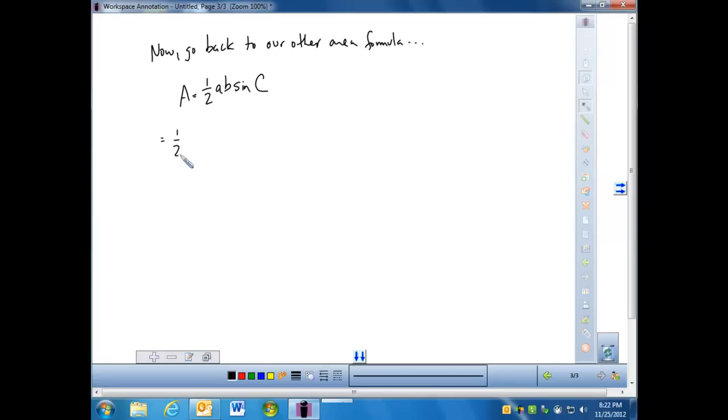And now if I rewrite that, plugging in what I just let sine of C equal, it's going to look something like this. One half AB times, under the radical, all that stuff that I just had written down: 4a squared b squared minus a squared plus b squared minus c squared, squared, all over 2ab.